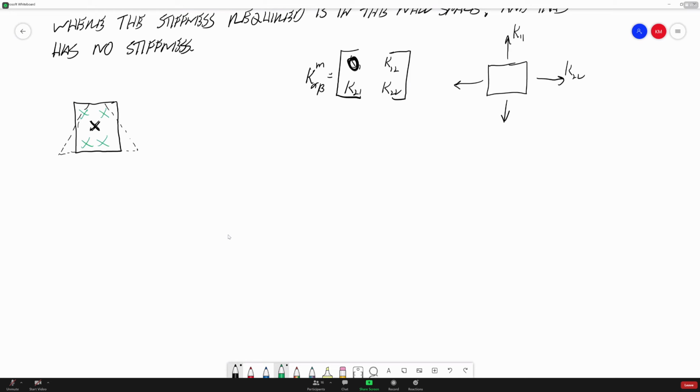Now, suppose we don't want green. Suppose we use an isoparametric element.